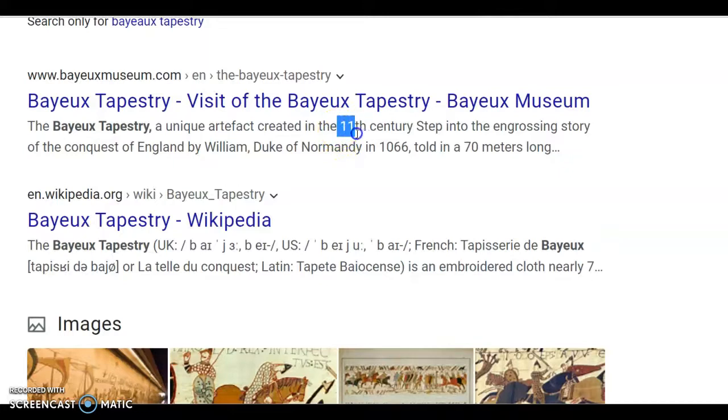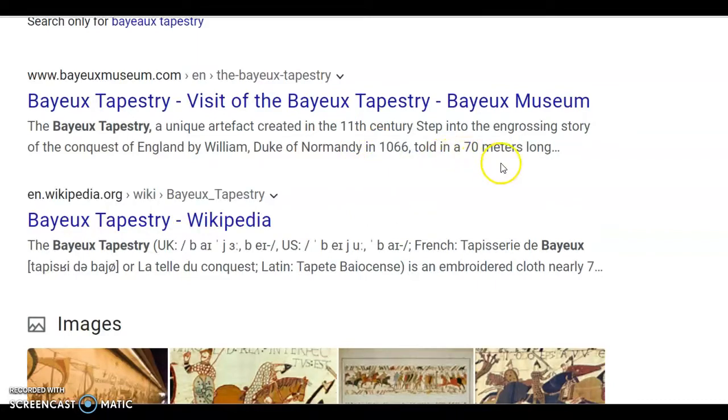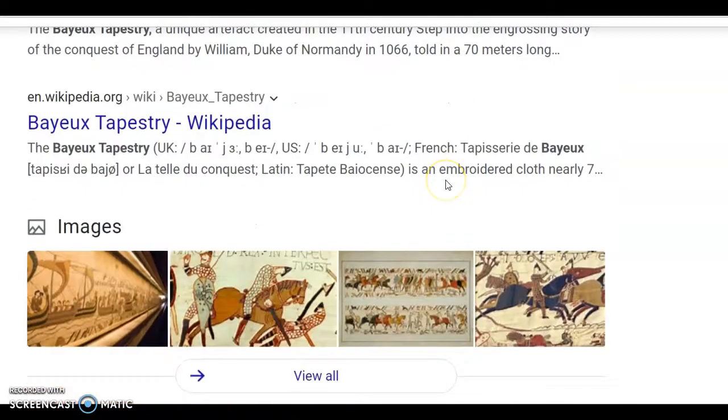So we know what the 11 is, 1066, right? It's 70 meters long, and they say it's embroidered cloth, right? So they're telling you it's embroidered, nice and 7 all over it. So basically telling you that it's made up, it's fabricated, it's a lie, right?